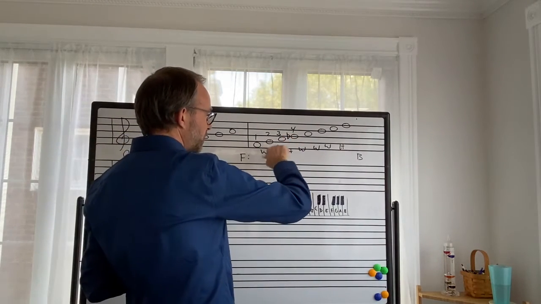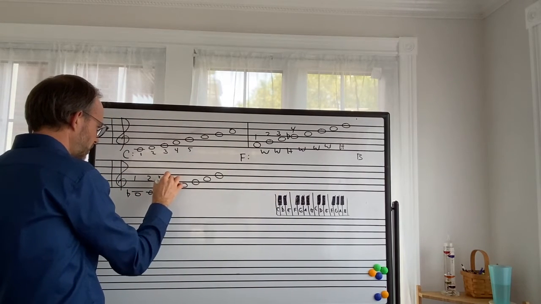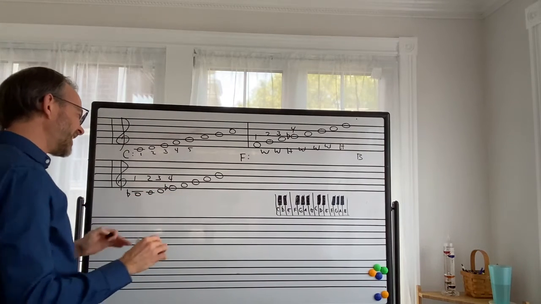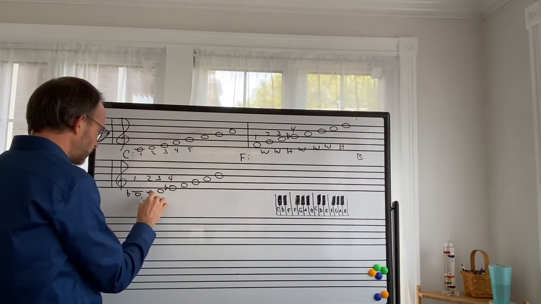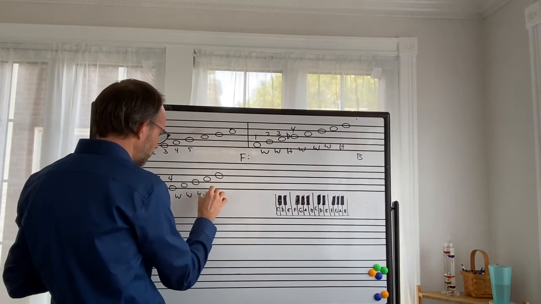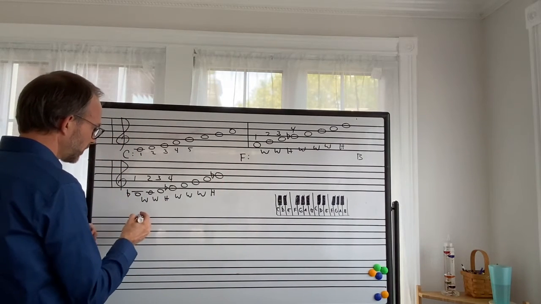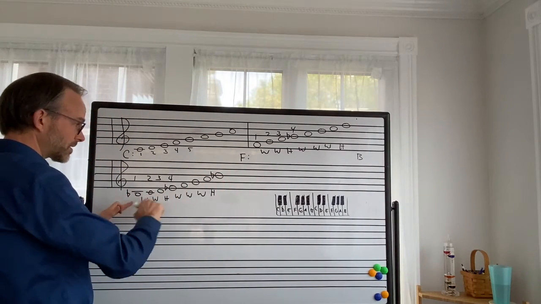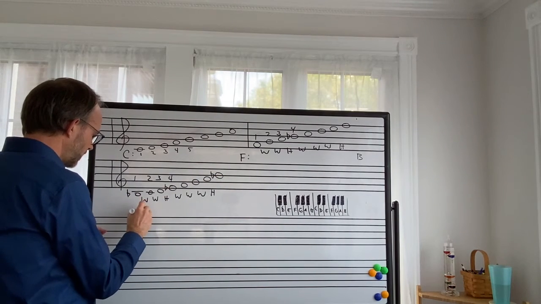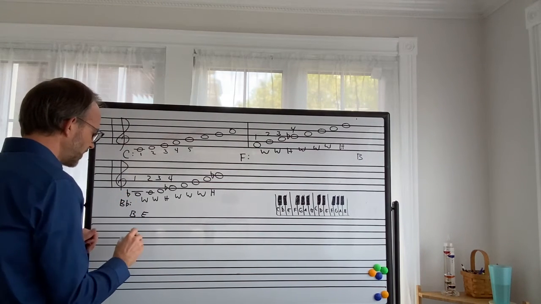And remember, we changed the new 4th scale degree, which would make the E natural to an E flat, and that gives us whole, whole, half, whole, whole, whole, half. That's going to need to be flat because it's the same note as the first one. So really there's only 2 flats here because B flat is the same. So B flat and E flat for the key of B flat.